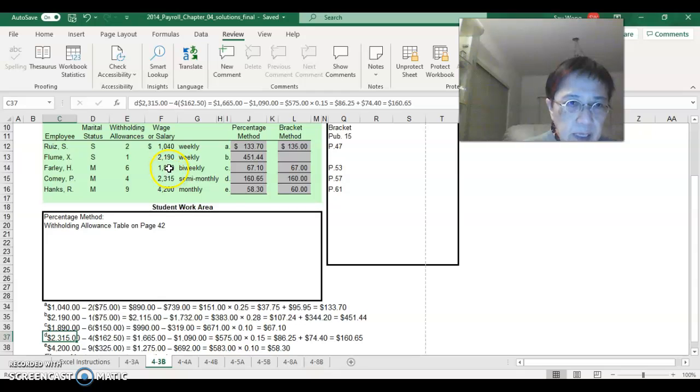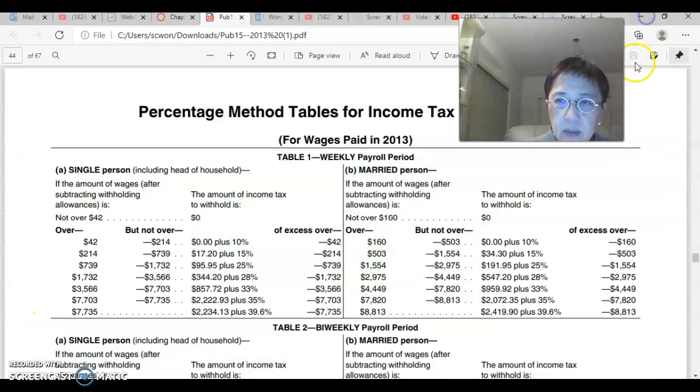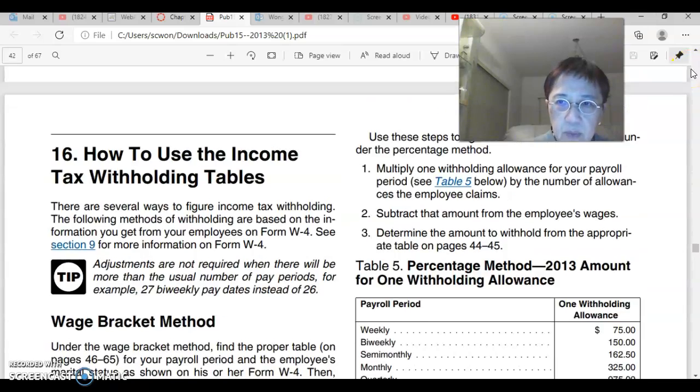Fairly made the $1,890 biweekly and 6 withholding. Let's do the 6 withholding is $150, 6 withholding. Okay, so let's take a look at the withholding amount. Biweekly withholding.